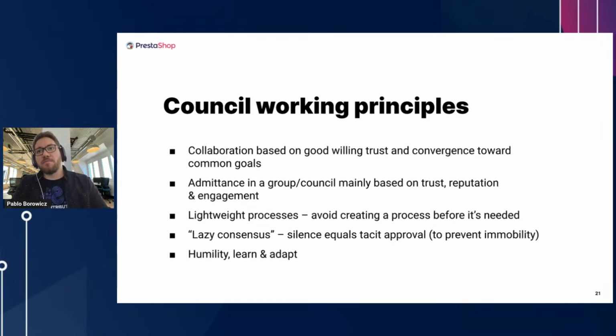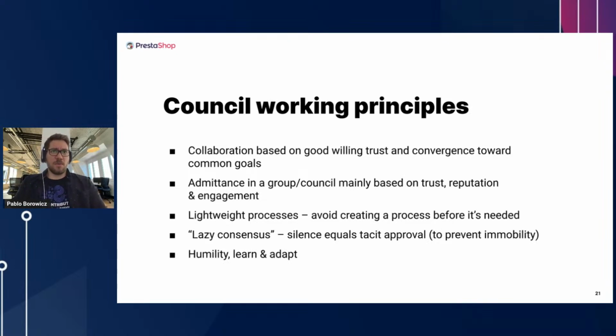For this collaboration to work without anyone needing to impose their view on the other, we need some kind of common culture of sorts, which is what we call the working principles. We have 5 that I noted here. There are some others that are minor, and I didn't think it was so important to speak right now.